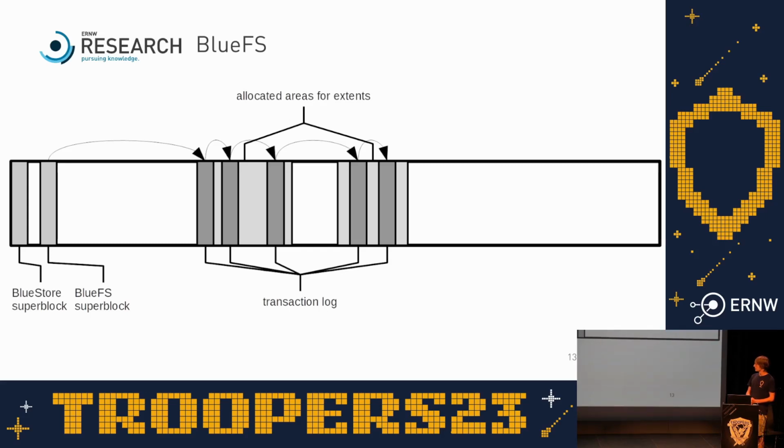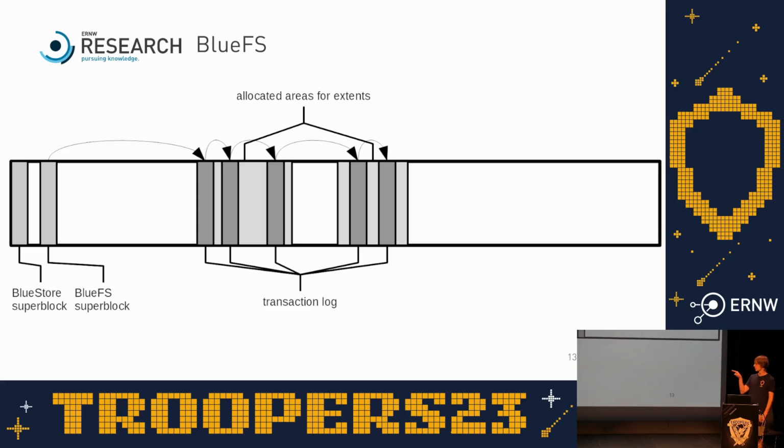And because space in the first allocated area is limited for the transaction log, at some point in time you will have in the transaction log a transaction which says that the transaction log was increased and where to find the next part of the transaction log.